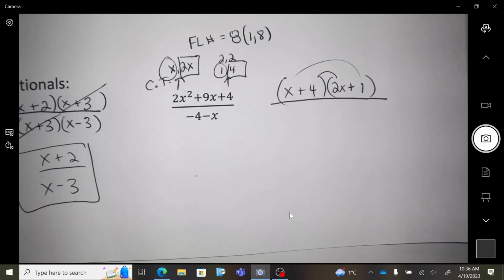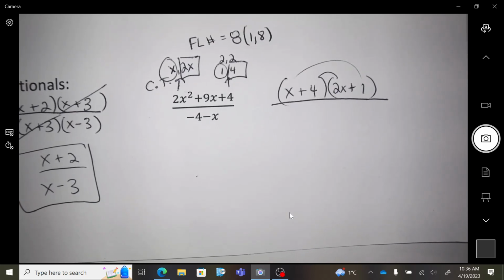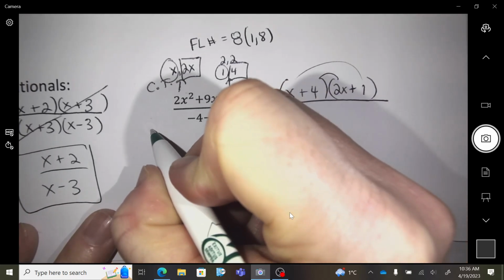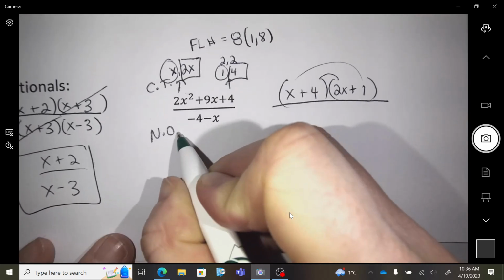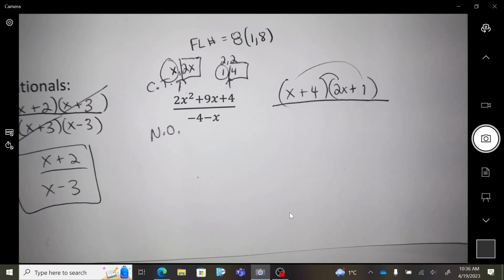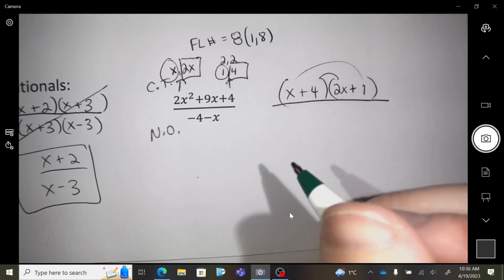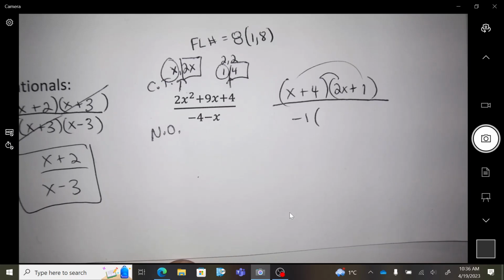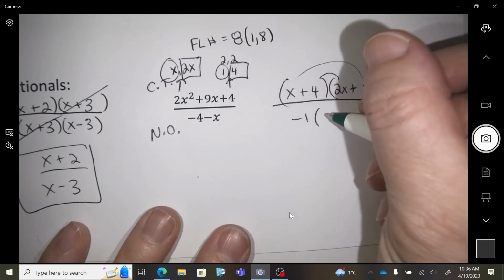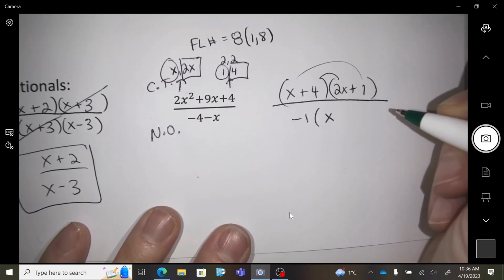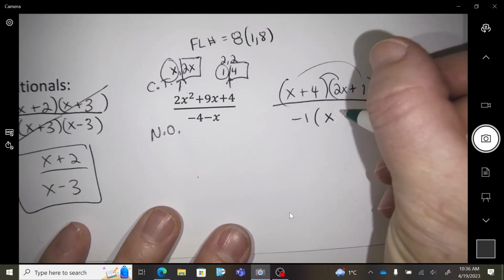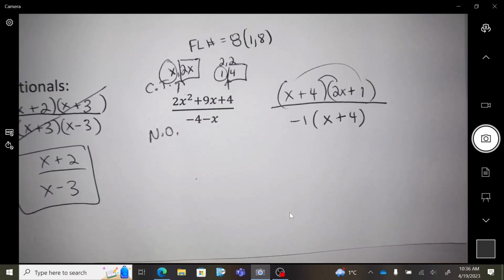What is the bottom? You're going to do something to it. What is the style in a name? Do you remember it? Negative out, because I don't like those negative x's. I don't like the negative letters. So negative 1 comes out, making a positive x and a positive 4.